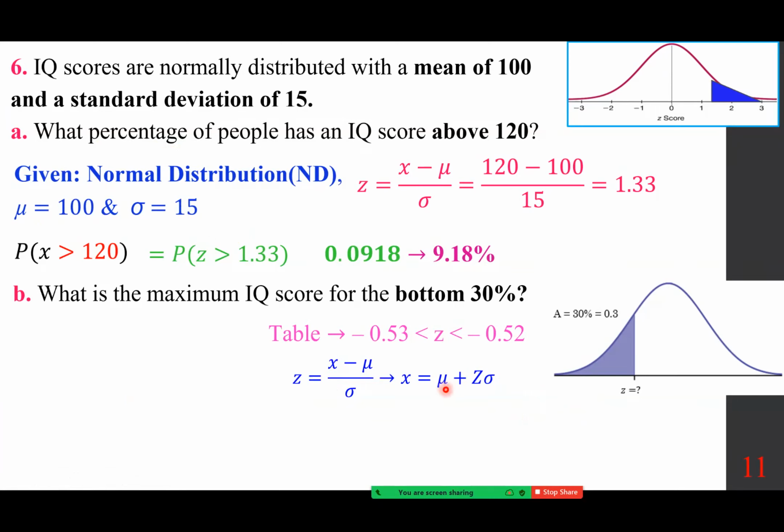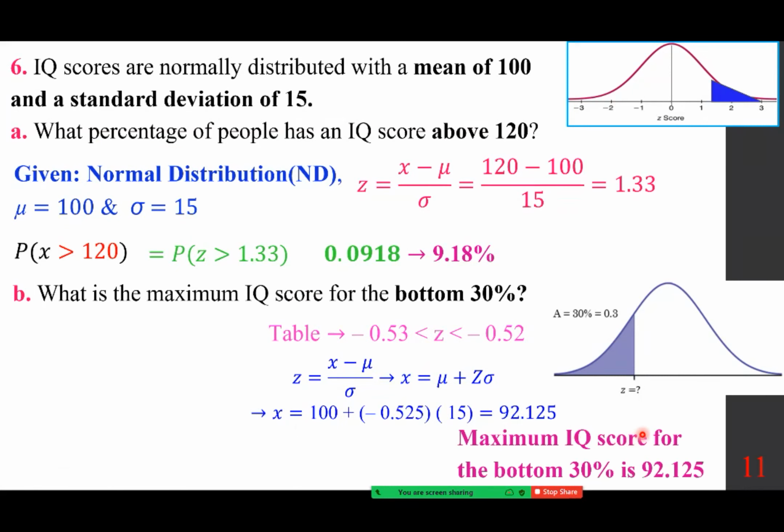That means you're going to put the mu here, 100. You're going to put the sigma here, 15. And the Z, the number between these two, would be minus 0.525. So you calculate it and it gives you 92.125, which means the maximum IQ score for the bottom 30% is 92.125.